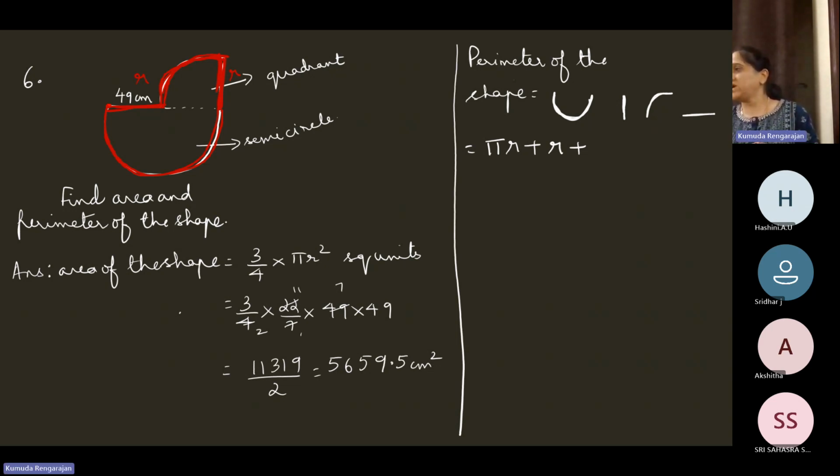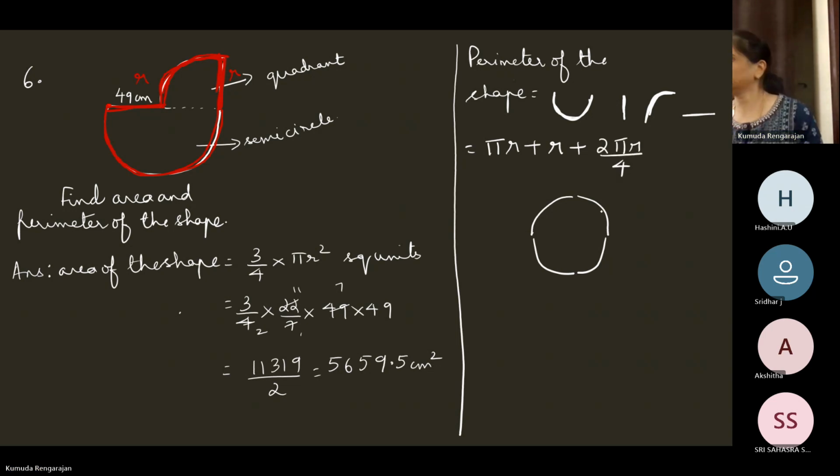Yes or no? 2 pi r is made up of 4 arcs like this. 2 pi r na இது மாதிரி 4 arcs இருக்கும். Okay. This is an arc of a quadrant. So its length will be 2 pi r by 4. We understand why? Yeah. And in this one plus r.